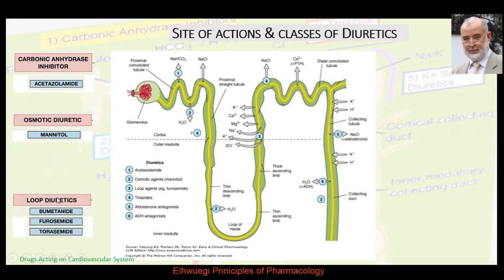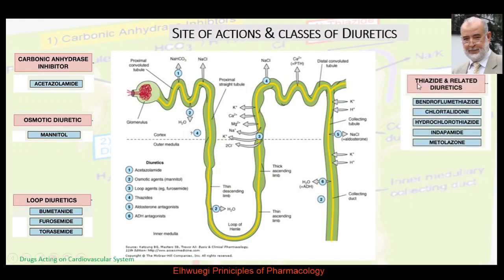The third group is known as loop diuretics, and the prototype is furosemide, a very famous loop diuretic. They act at the thick ascending loop of Henle. This is the third group. The fourth group we are going to talk about is the thiazide diuretics, like hydrochlorothiazide, the prototype, and many other examples.